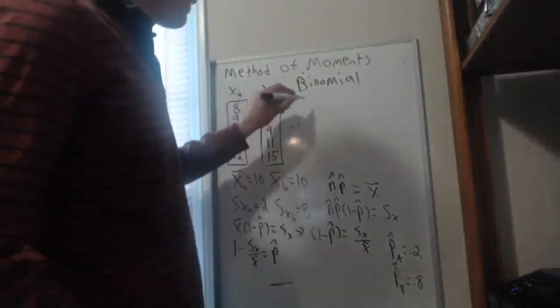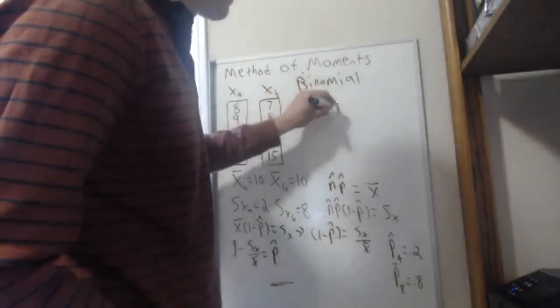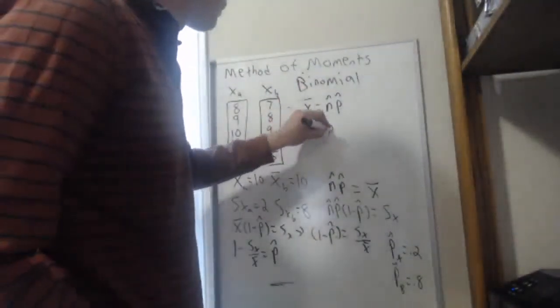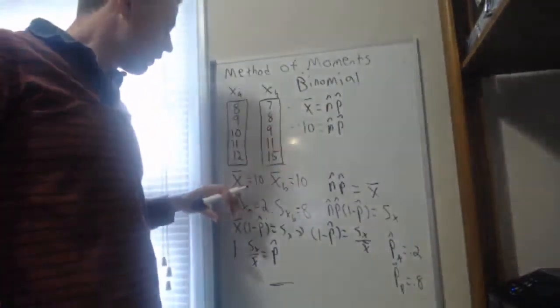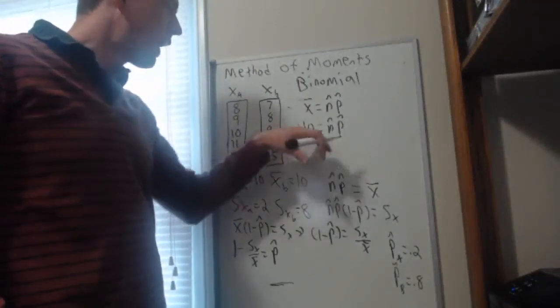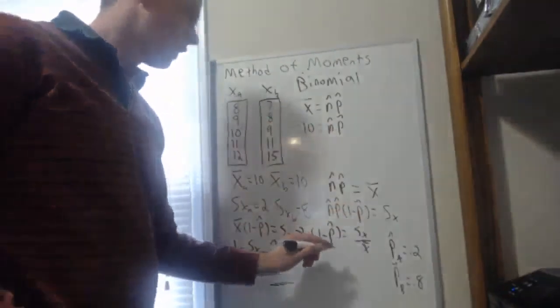If x bar equals n hat times p hat, and x bar is going to be 10 in both of these cases, then for sample A, n hat is going to be 10 divided by 0.2.